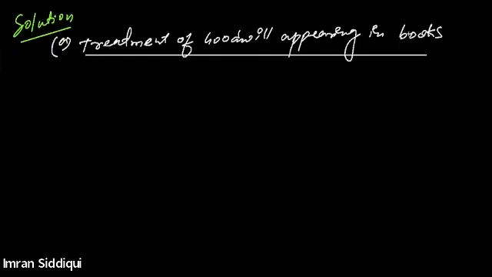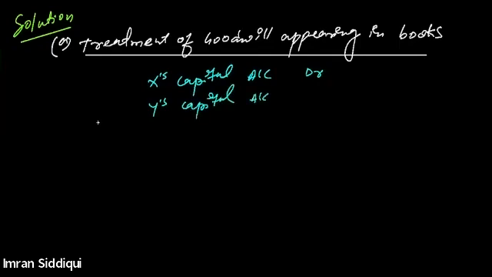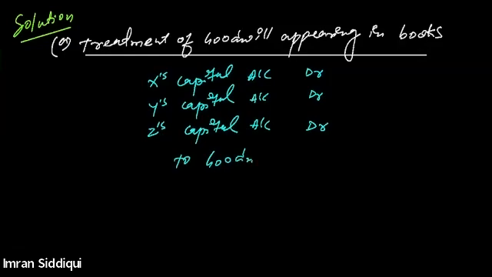So the journal entry for this is, the existing partners' accounts need to be debited. X's capital account debit, Y's capital account will also be debited, Z's capital account will also be debited. Right? And to goodwill account.